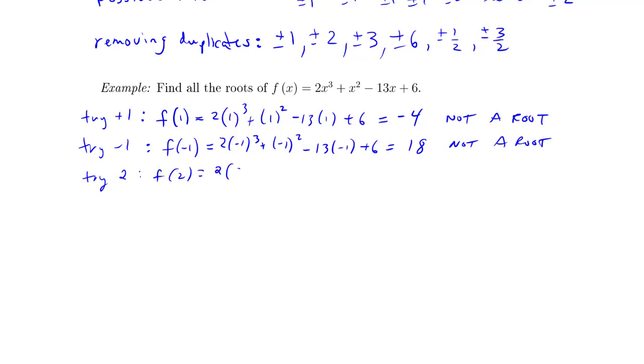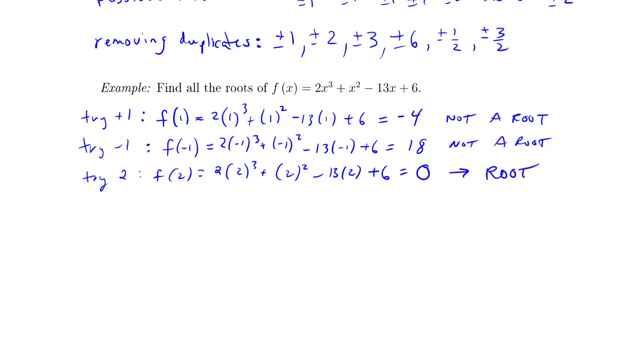F of 2 is 2 times 2 cubed plus 2 squared minus 13 times 2 plus 6. So that would be 16 plus 4 minus 26 plus 6. That gives us 0. Good.